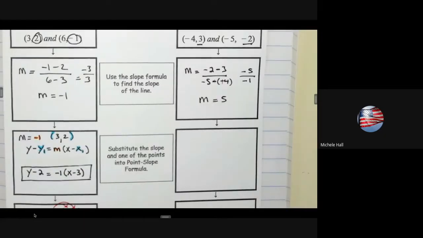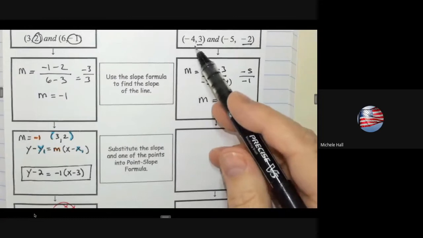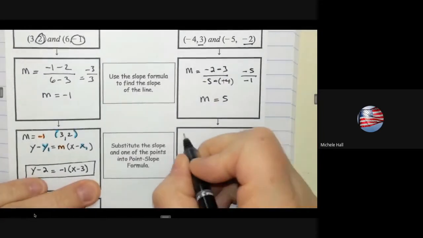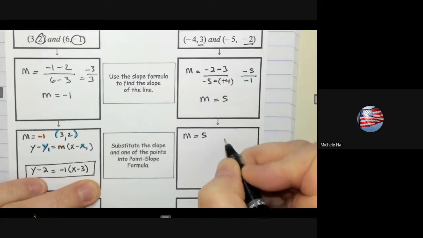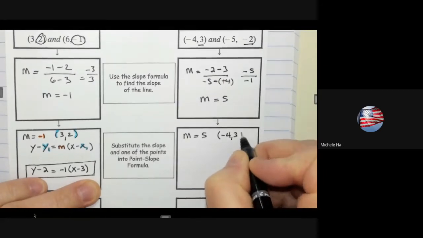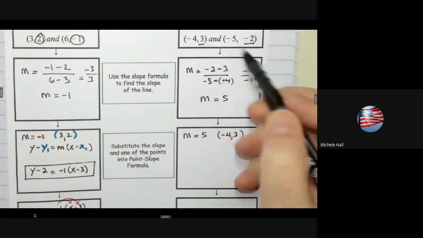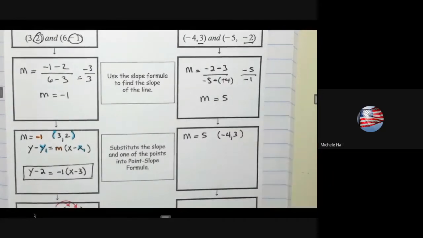Next, we need to substitute in our slope and a point. I'm going to choose -4, 3. So our slope is 5, and I'm choosing the point -4, 3. Both of these points are going to be on the line, so it doesn't matter which one you choose. I'm just choosing the one that doesn't have two negatives.